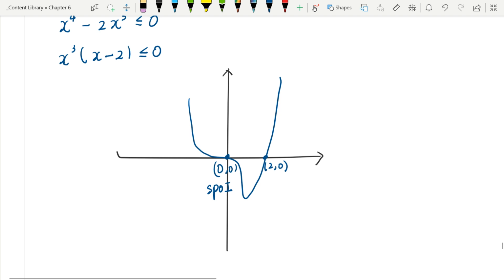It depends on whether there is an even or odd number of repeated factors. So say it's x to the power 5, the graph looks exactly the same shape as this one. So it's only even or odd. You only remember two different things. Even is a turning point, and odd is this shape.